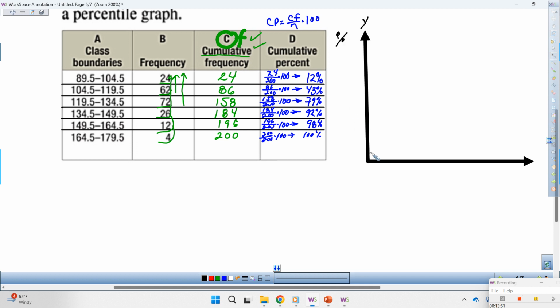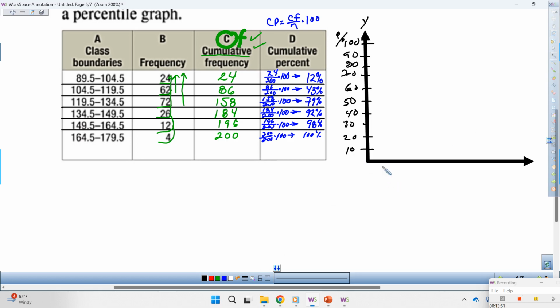So that means we're going by tens. 10, 20, 30, 40, 50, 60, 70, 80, 90, 100. Okay.